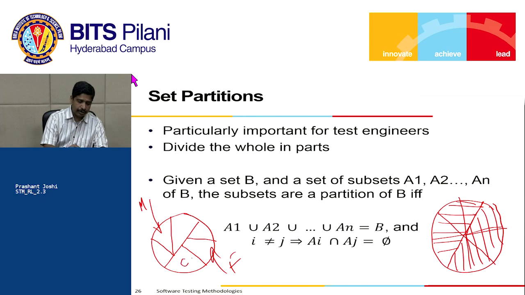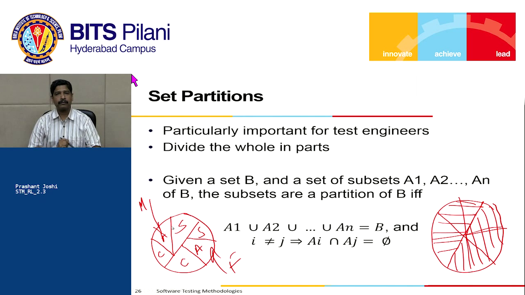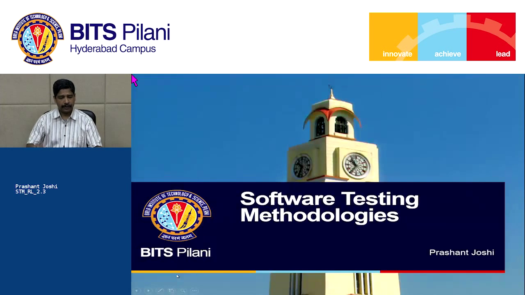So I could have children, adults, senior citizens. So you can see how these partitions would work. Someone who's a child and a male or a female is unique in terms of its own set. This is how you could start off and start using set theory from a testing perspective.